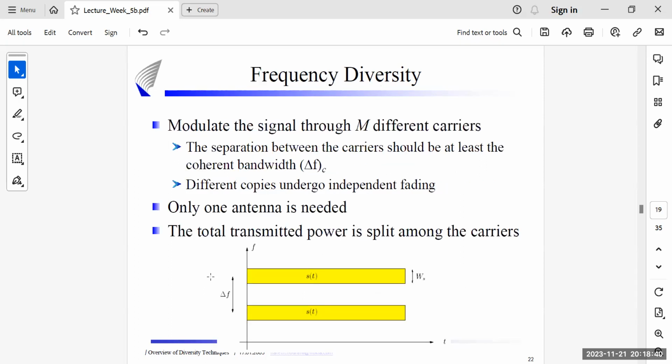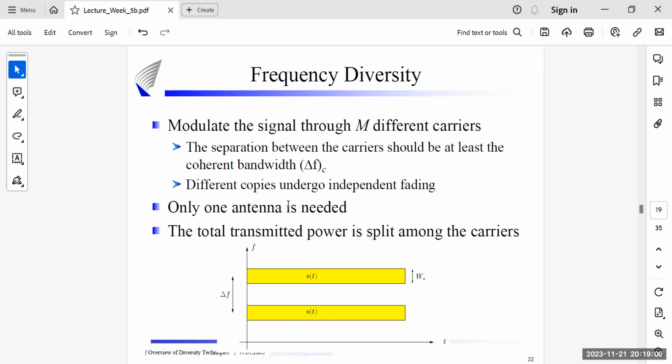Then we have frequency diversity. You modulate the signal through M different carriers. The separation between the carriers should be at least the coherence bandwidth. This is very important. Why? Because within the coherence bandwidth, the channel is going to behave in the same way.